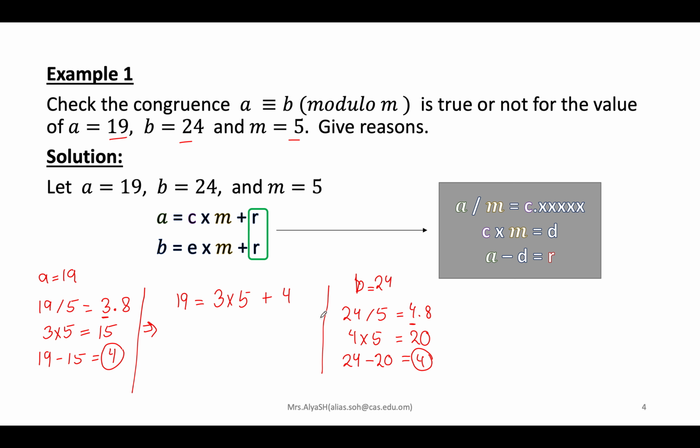Converting these steps to an equation, we get that 24 equals 4 times 5 plus 4. And if you notice here, yes, we got the same remainder. Then 19 is congruent to 24 mod 5.